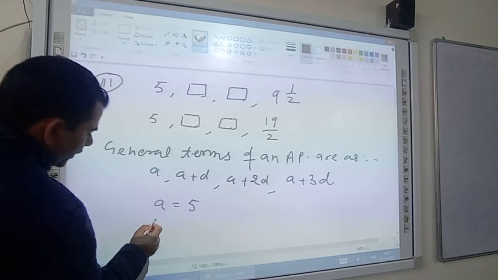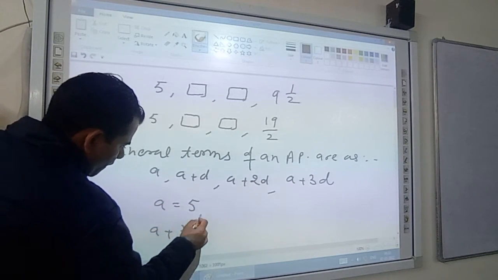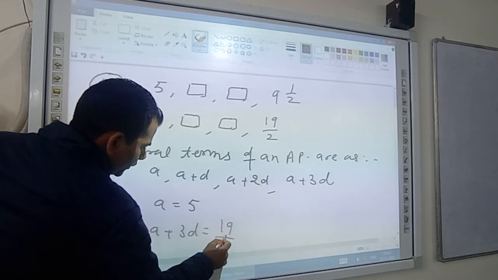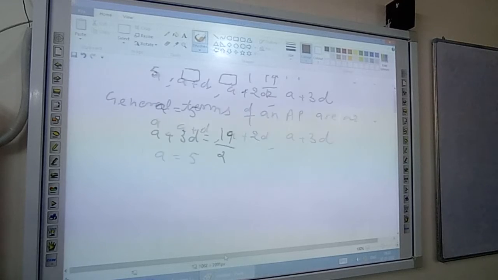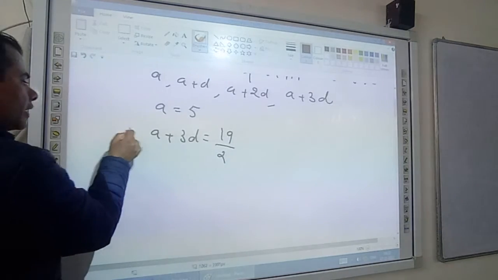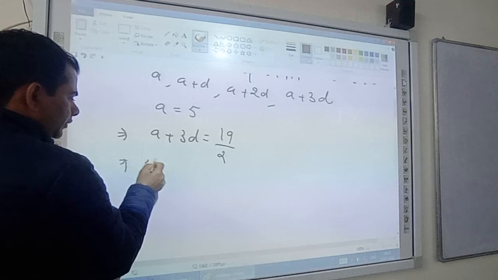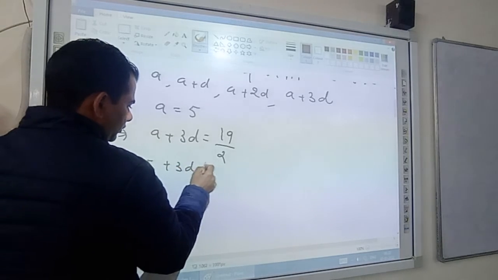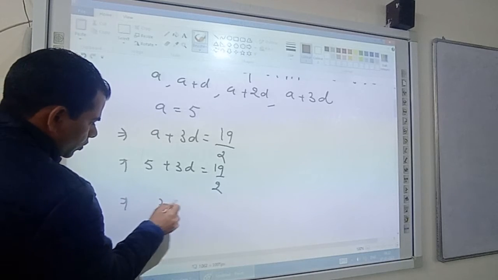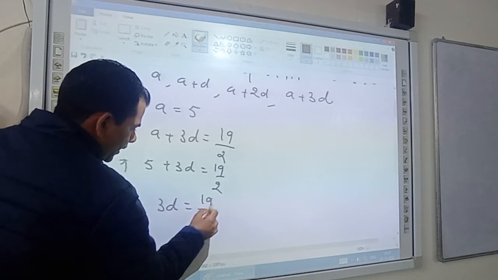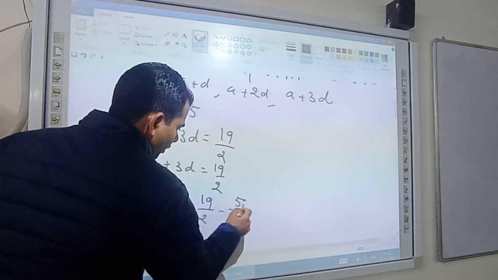And A plus 3D is 19 upon 2. Replace A with 5 and find out the value of D. Replace: 5 plus 3D is equal to 19 by 2. 3D is equal to 19 by 2 minus 5 by 1.